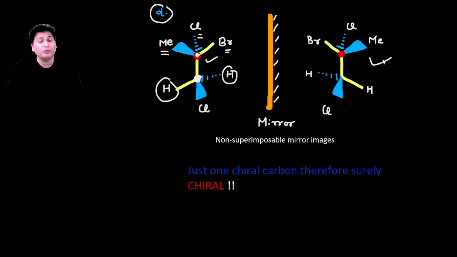Both are enantiomers of each other, so the 2 mirror images are not superimposable, and it has happened because the compound had just one chiral carbon. Now what happens if you have more than one chiral carbon? Before we leave this page, let us read out: just one chiral carbon, therefore surely a chiral compound.